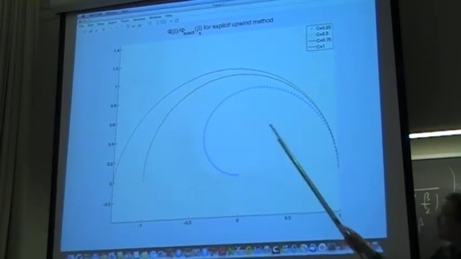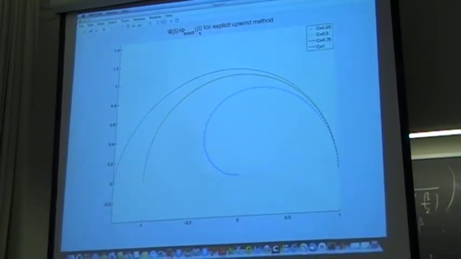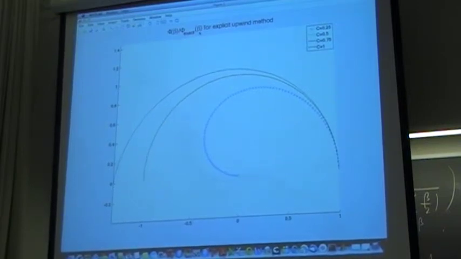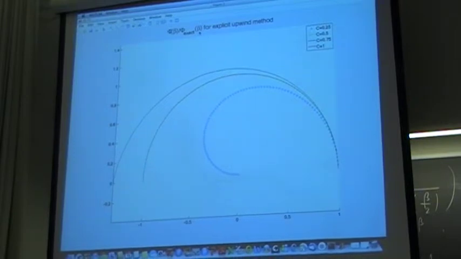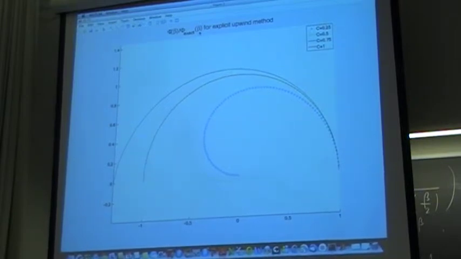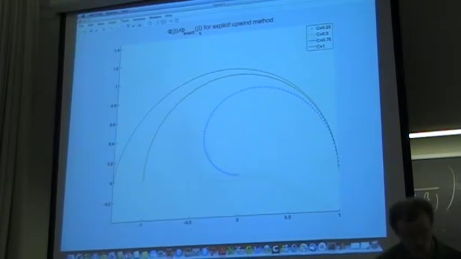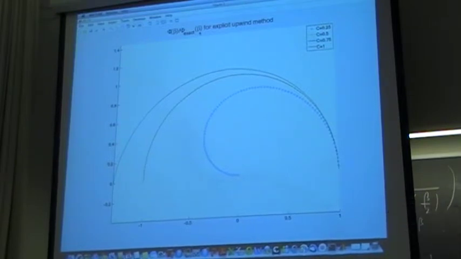And you see these kinds of plots in the book. For almost any of the schemes they have done these plots. For the modulus, telling us about the damping, the dissipation error, and about the phase angle, telling us about the dispersion error. And so that is the way you can interpret these results.